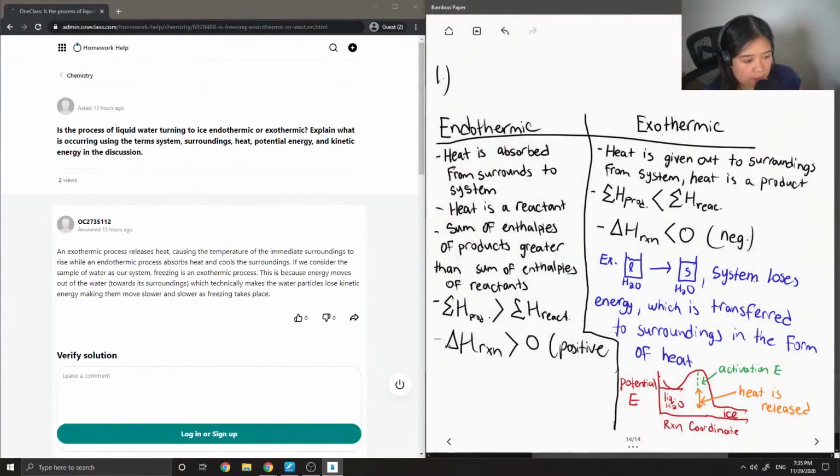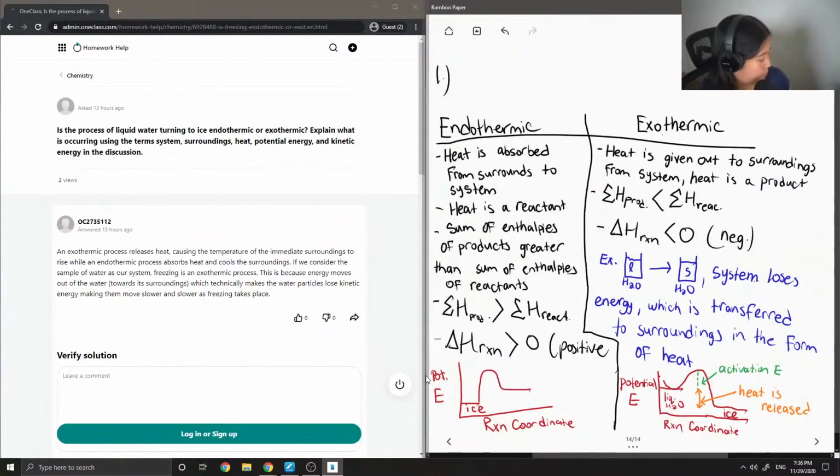So let's compare it to what a potential energy diagram would look like for an endothermic reaction. Just drawing the same diagram. Let's say we wanted to melt ice. It will look like this.